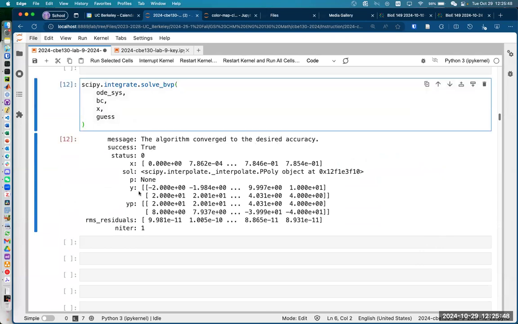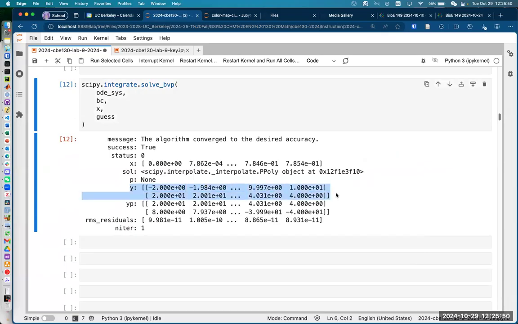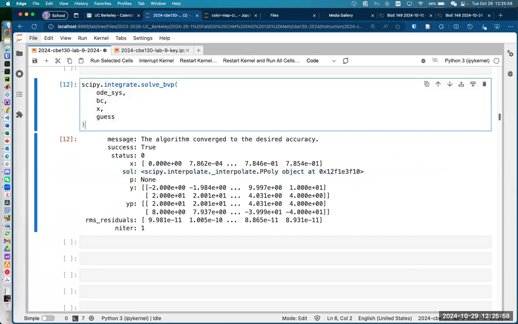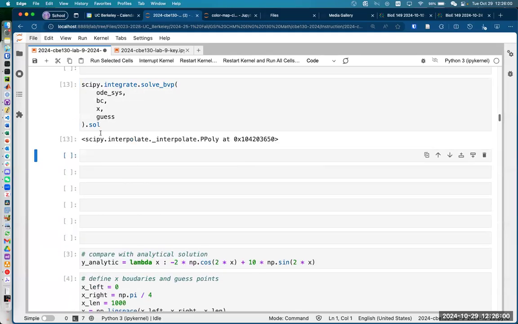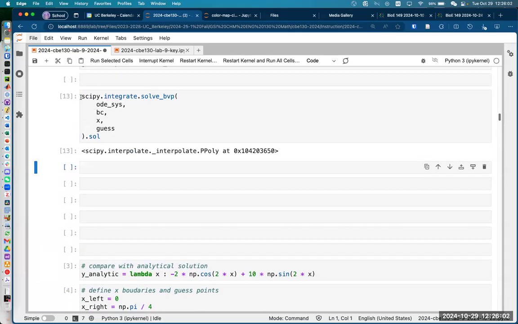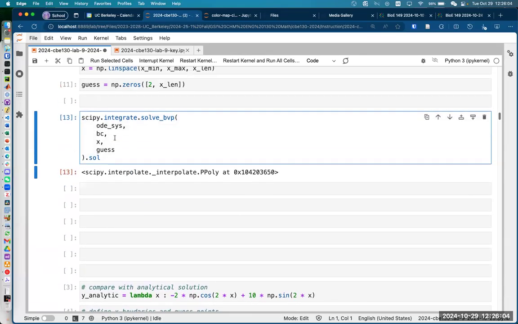And usually what we care about is the y. But another way, the simpler way to look at this is to index to the solution. So dot sol for solution. This is a function, so that gives us the final solution. So we can write this as the BVP solution as a function, so f BVP solution.